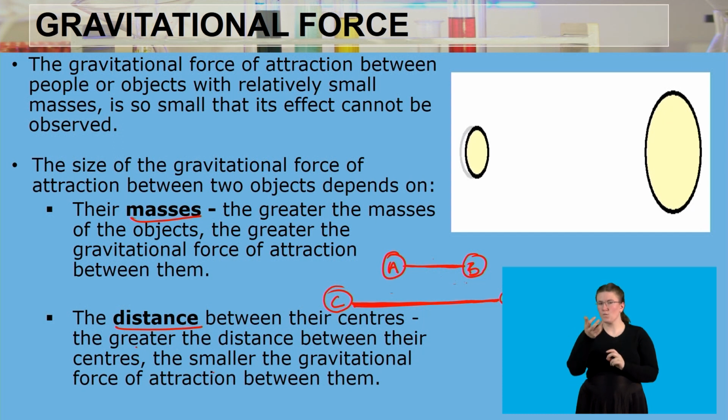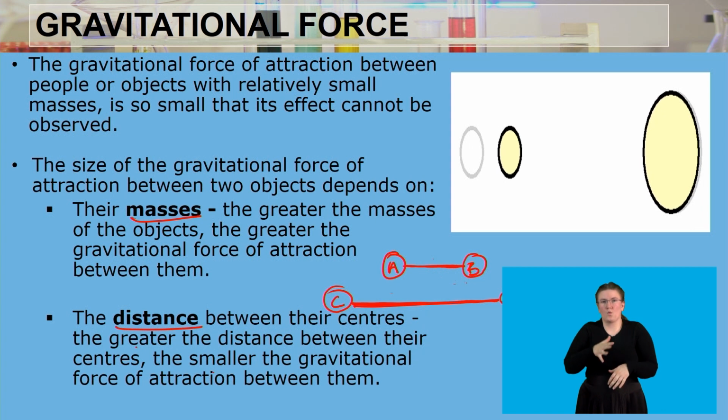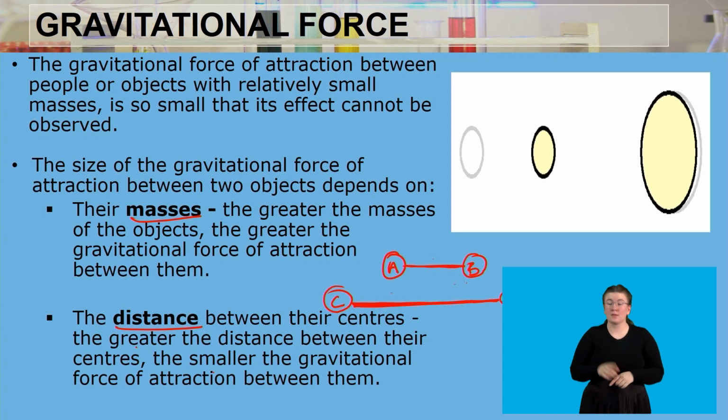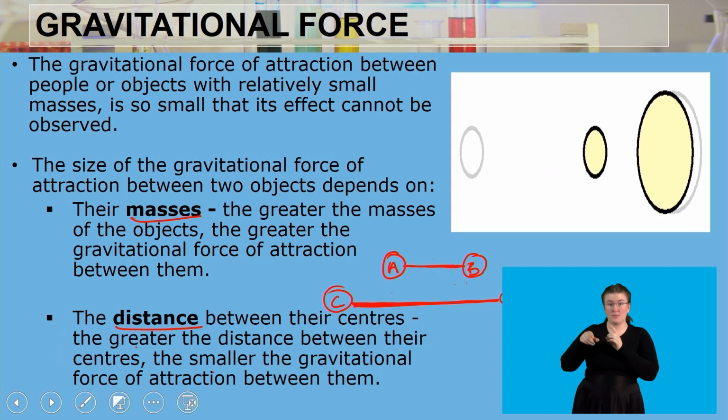The closer the objects are to each other, the greater the force of attraction. So as the distance increases between two objects, the force of attraction decreases. But as the mass of the two objects increases, the force of attraction also increases.